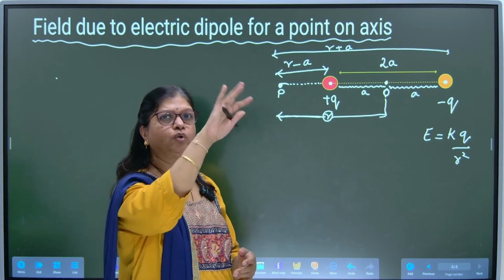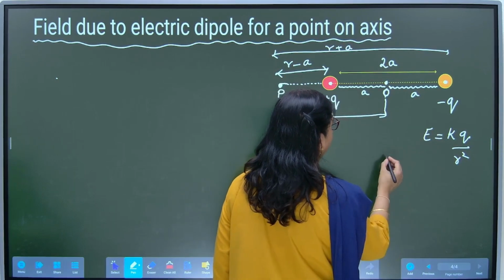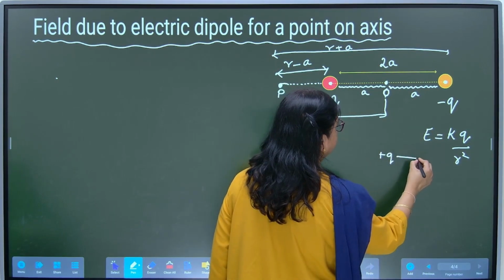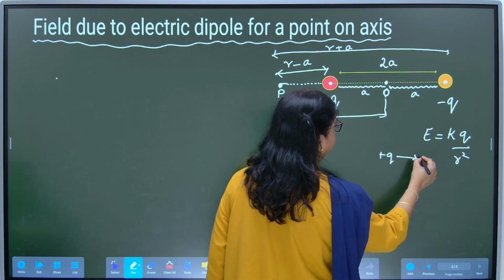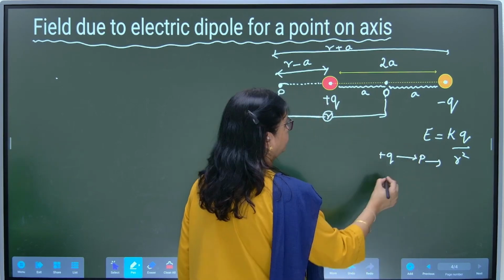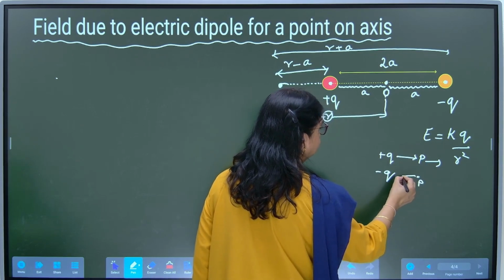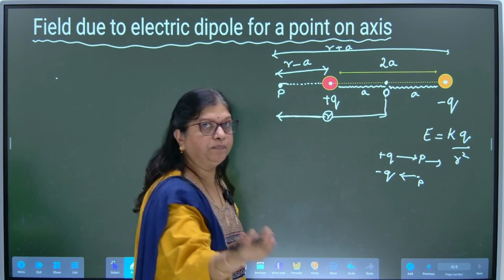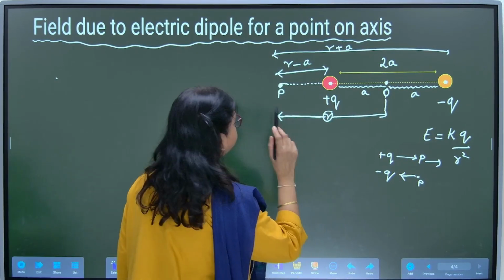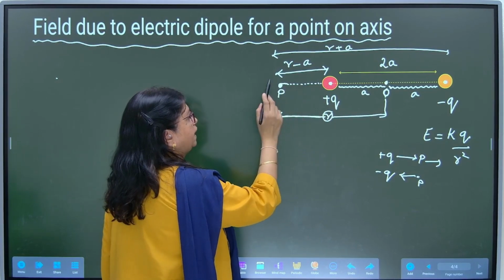So we'll again go to our rule. Again we will revise our rule. What is our rule? If the charge is plus Q, then towards the point P. Go ahead from here also. If the charge is minus Q, then from the point P towards the charge. Same rule we will follow. So the direction of the electric field from the point plus Q to the point P is as usual.